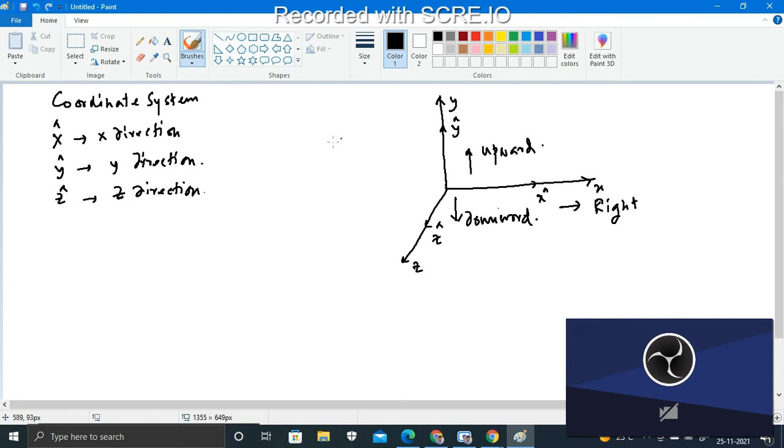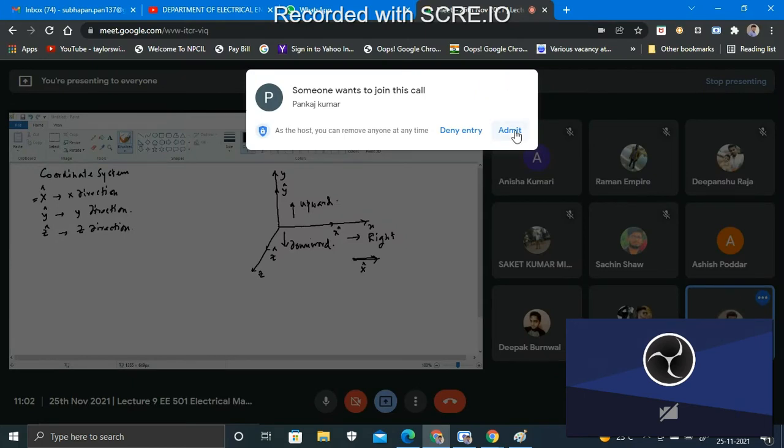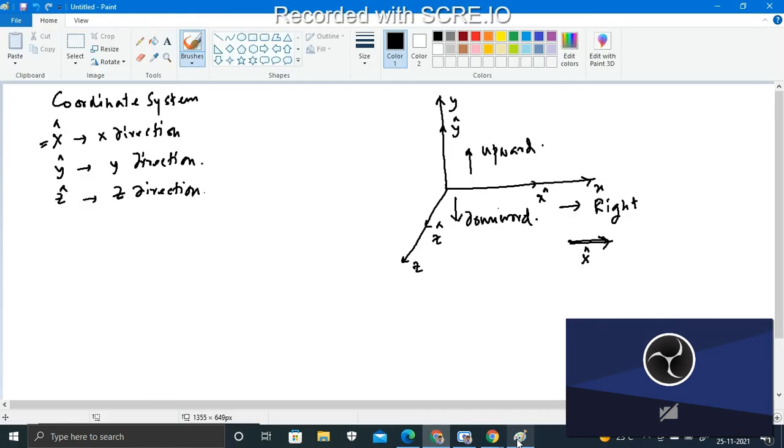That means the vector x bar is the unit vector in the horizontal direction, under the horizontal plane, and the vector y is the unit vector in the vertical direction.